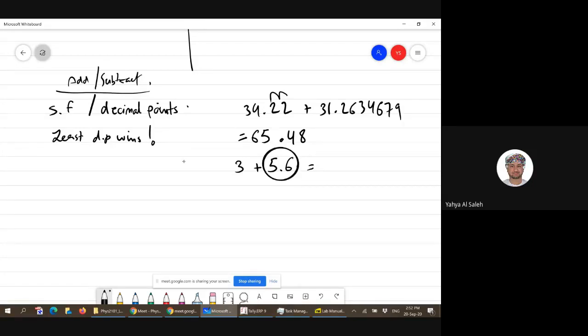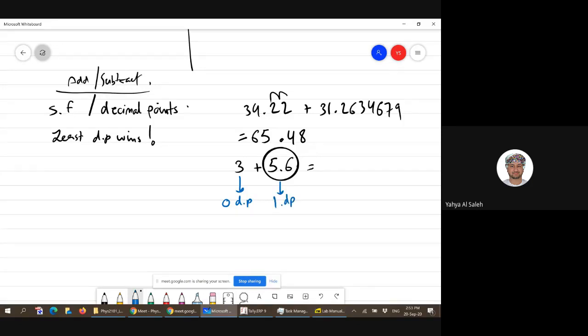This is not 0.3, this is just 3. So we have 0 decimal places. It's just a whole number, right? This one is 0 decimal places.